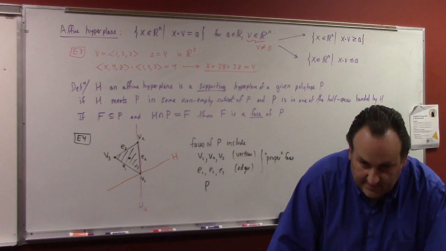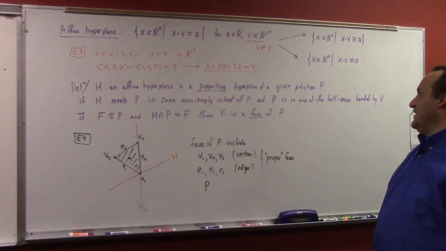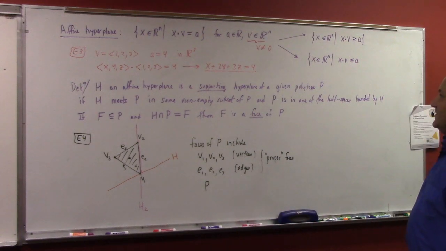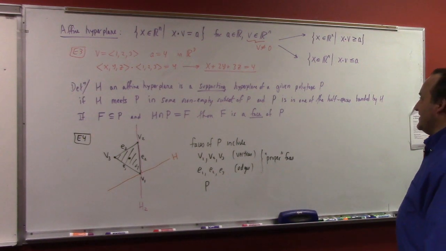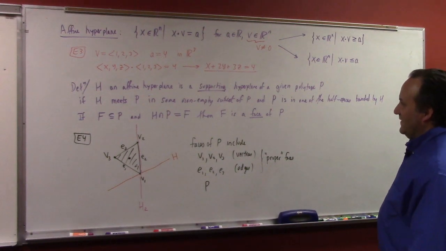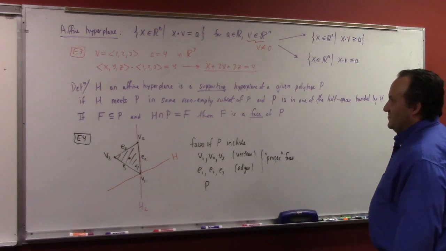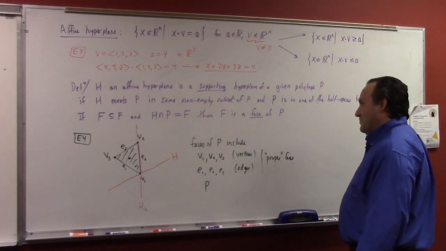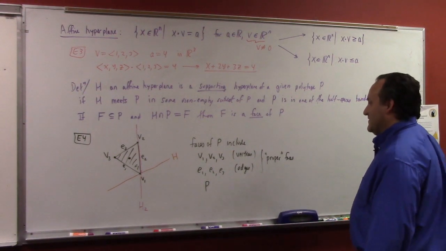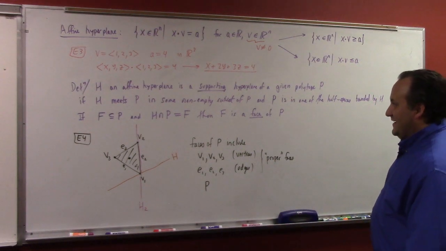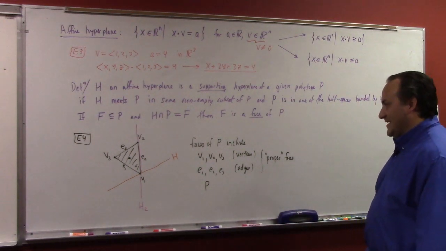So I think at this point he's extended his meaning of affine hyperplane to affine subspace, right? Because affine hyperplanes are necessarily n-1 dimensional. So unless we extend our definition of affine hyperplane to include other dimensions, the only faces we could really give a dimension to at the moment are the edges.